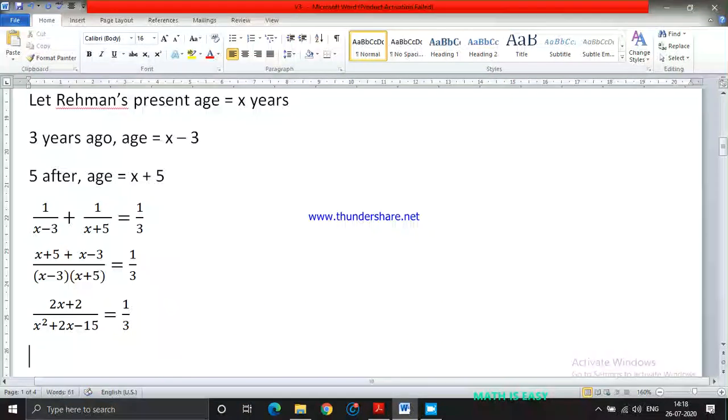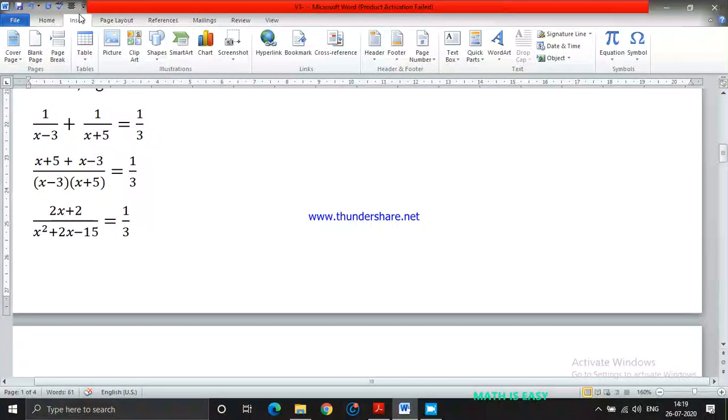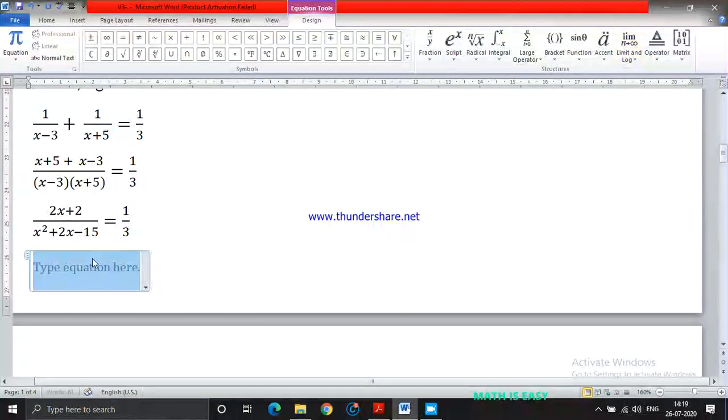Now if I do the cross multiplication on both sides, what do you get? This 3 will multiply with 2x plus 2, then I get 6x plus 6 equals to, this denominator will remain as it is, x square plus 2x minus 15 into 1, that will come as same only.